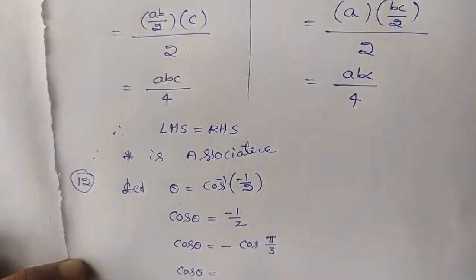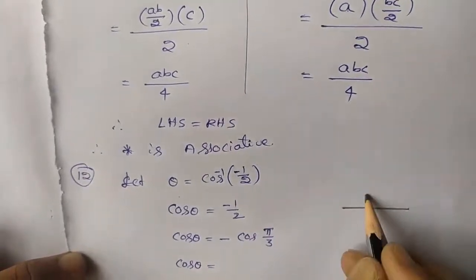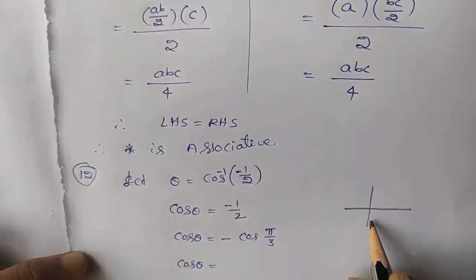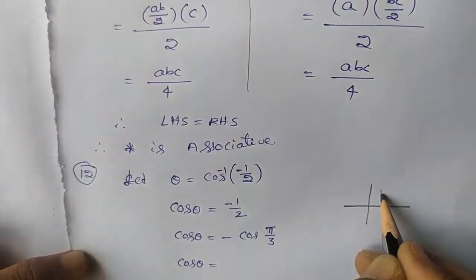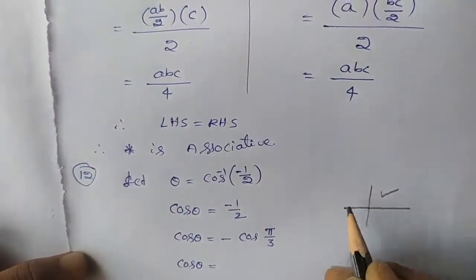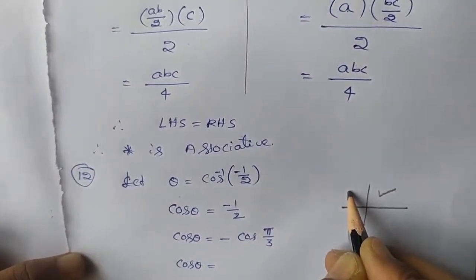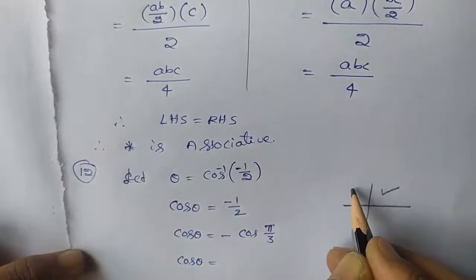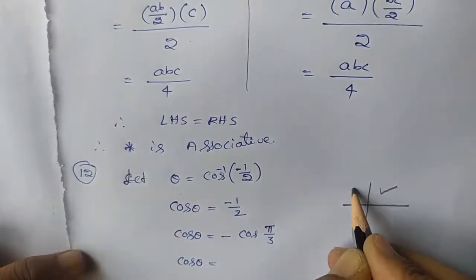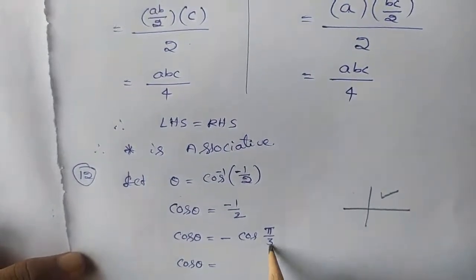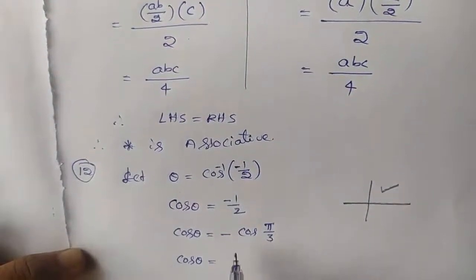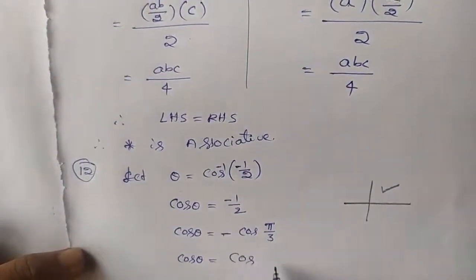Cos theta equals cos of... where will cos be negative? In the first quadrant all are positive. In the second quadrant sine is positive. Therefore in the second quadrant cos is negative. Let us take it in the second quadrant because it is negative.